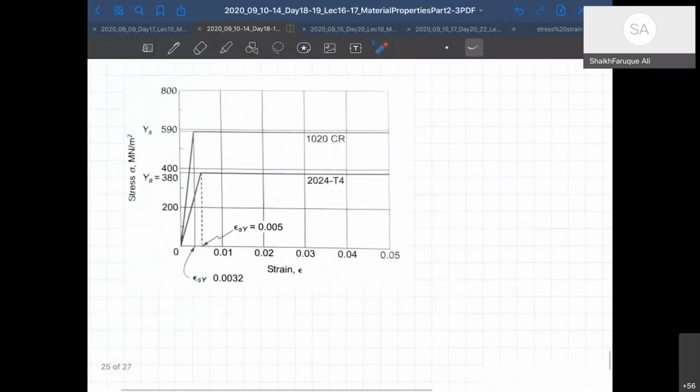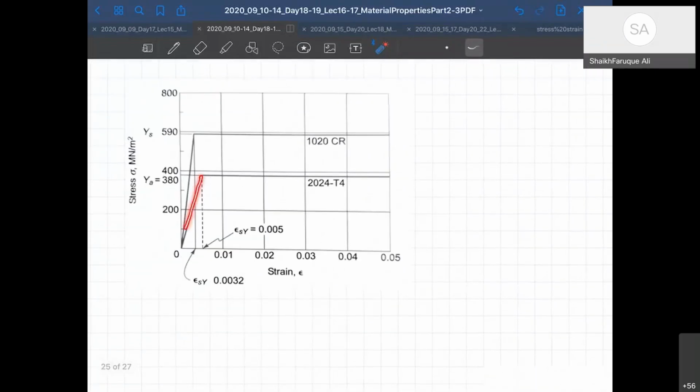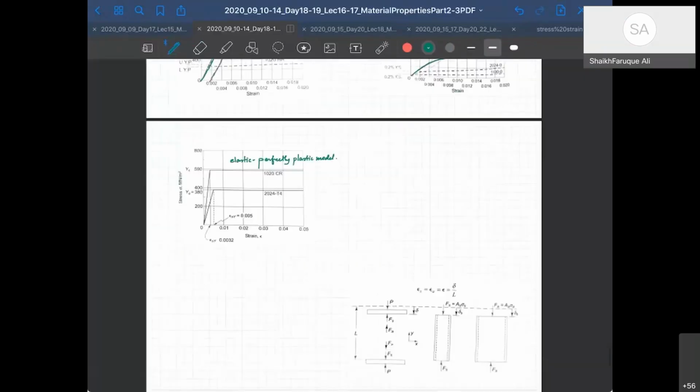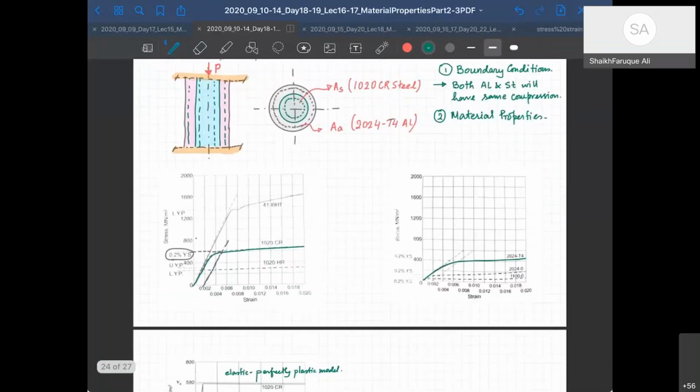They have considered 380. So these are elastic perfectly plastic models, and my second part is also done, where we designed the elastic perfectly plastic model.